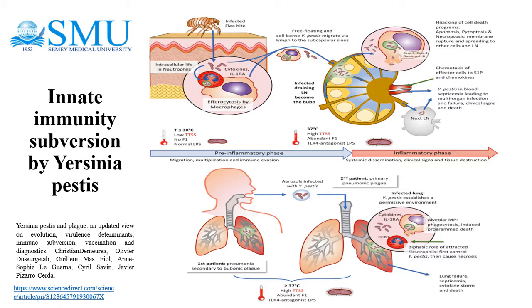How Yersinia pestis disseminates from skin flea injection sites to lymph nodes was unknown, and it was suspected that phagocytes could carry the bacteria.